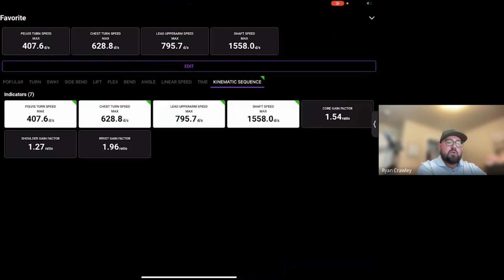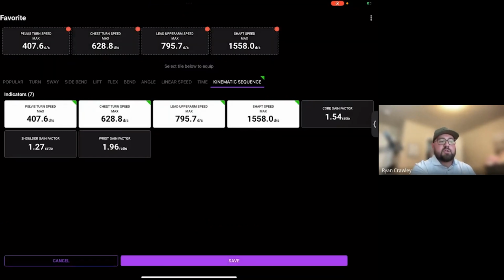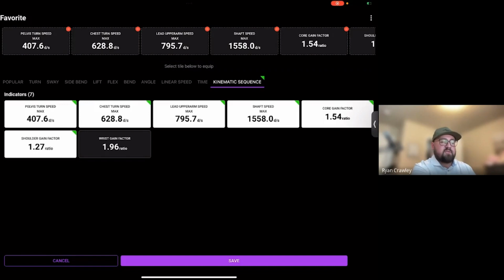And that's the other set of numbers here, what we call gain factors. If you're familiar with launch monitors, and I think everybody is nowadays, you've heard of smash factor. Basically, that's what we're doing with these gain factors. There's a core gain factor, shoulder gain factor, and wrist gain factor.